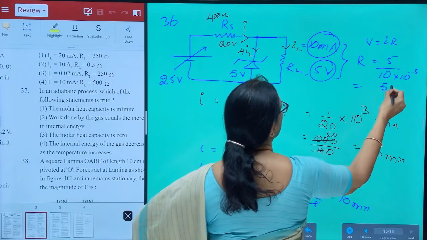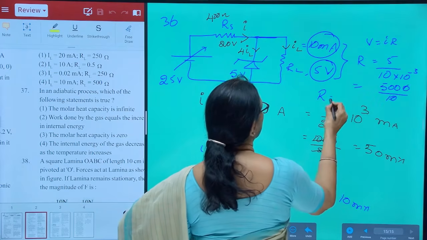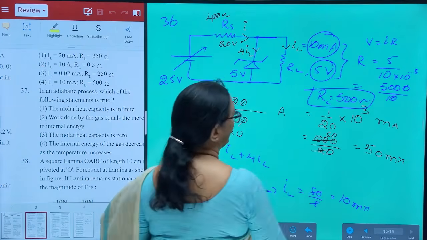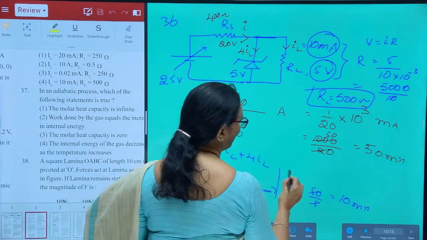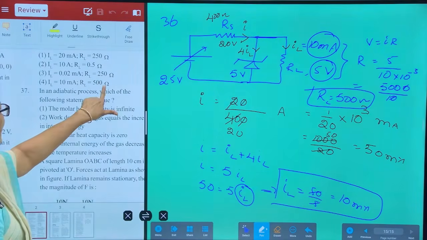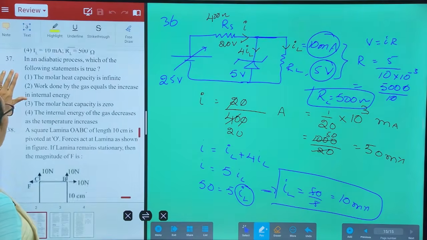So, this is 5000 by 10, or resistance is equal to 500 ohms. That is the load resistance. So, load current is 10 milliamperes, load resistance is 500 ohms. So, the fourth option given is the correct answer.